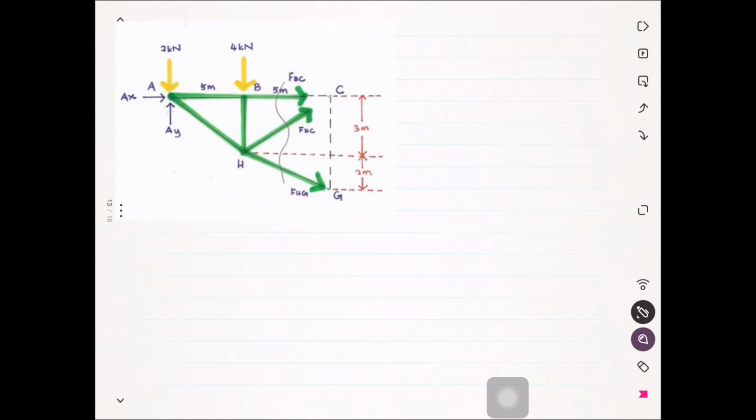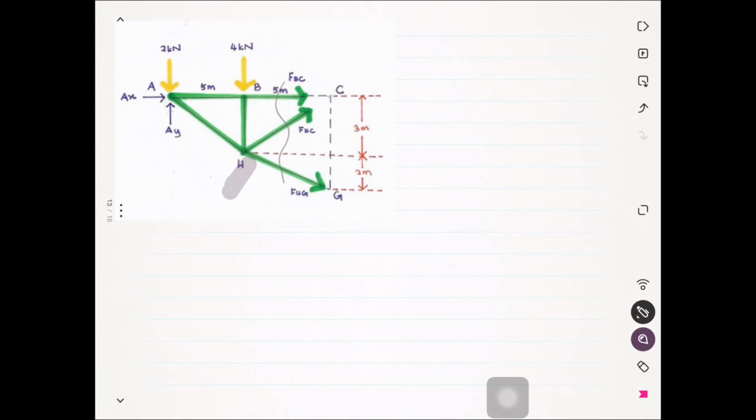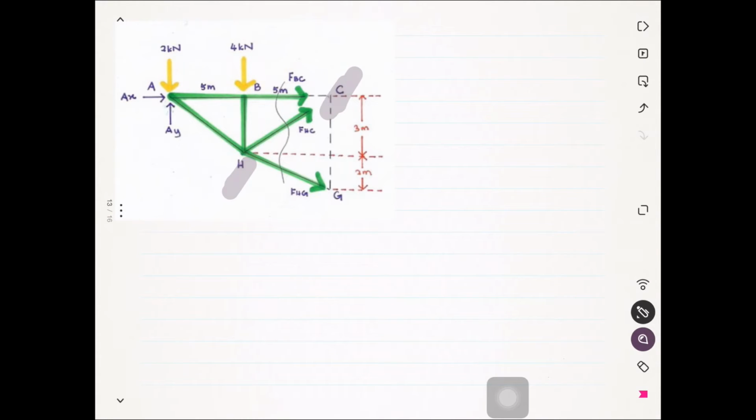Okay, the last question asks to find FHC. For FHC, it has a different pattern from before because it has a big slant. So how to solve it? Before that, we must know whether points H and C have force or not.